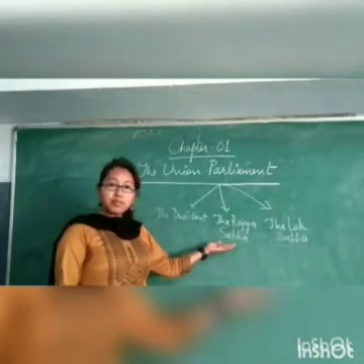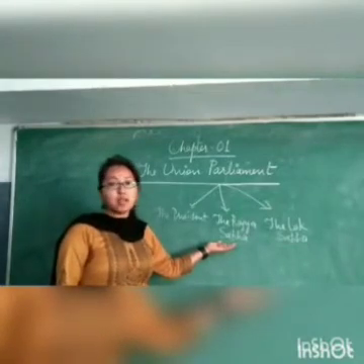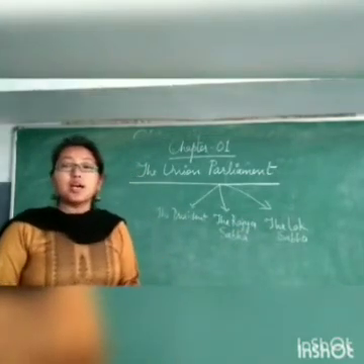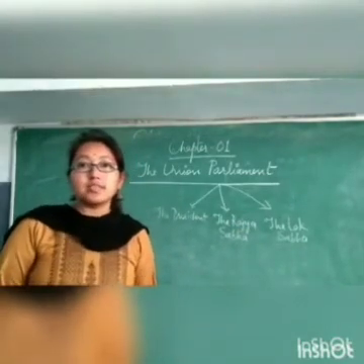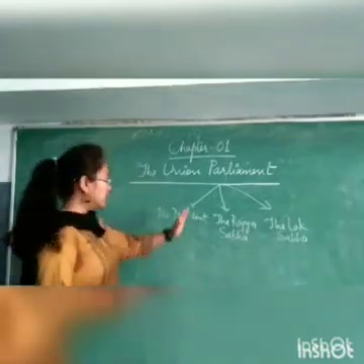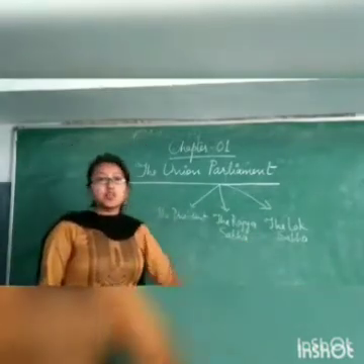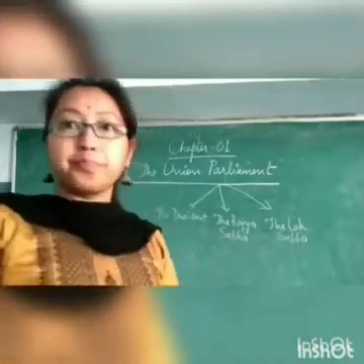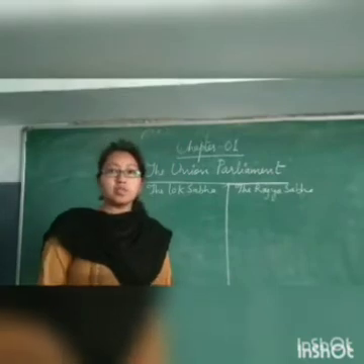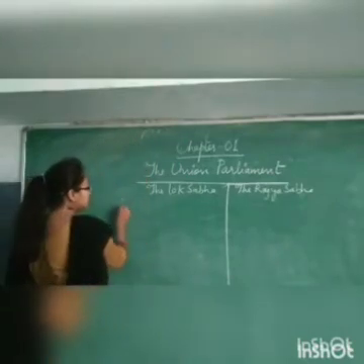Another name for Rajya Sabha is the upper house, and Lok Sabha is the lower house. Right, children? Now the next topic to be discussed is a comparative study between these two houses. So let's start that topic. First let's talk about the composition.